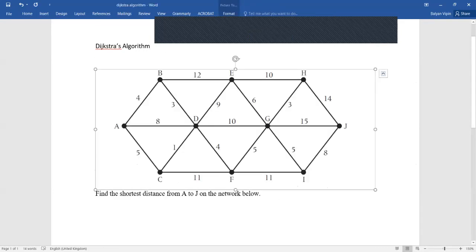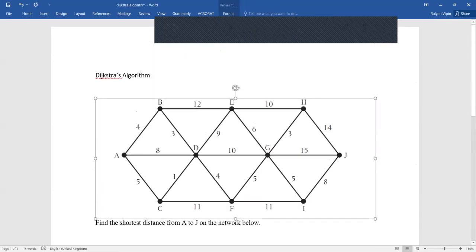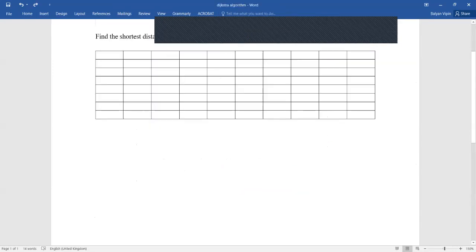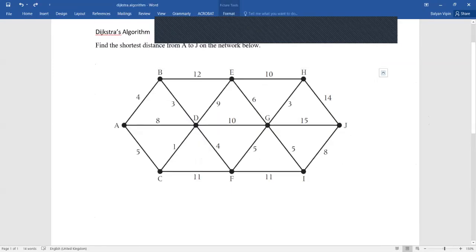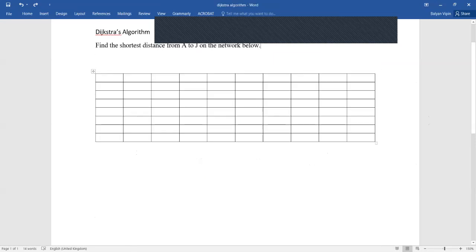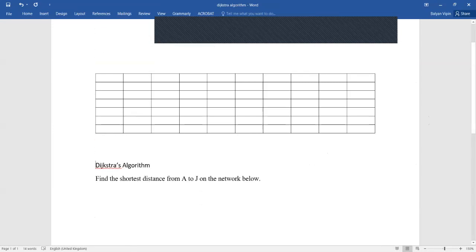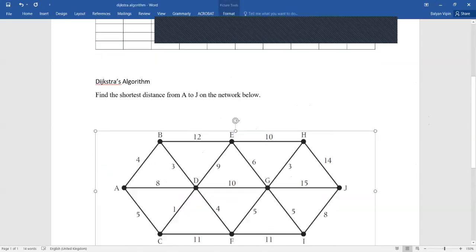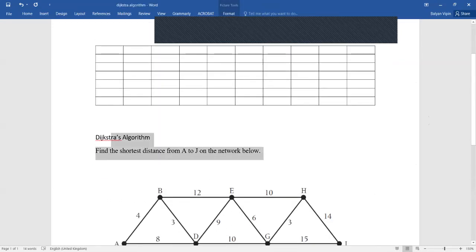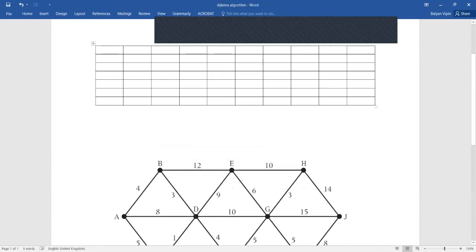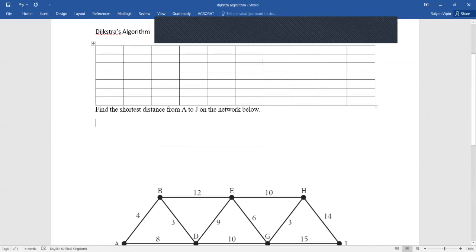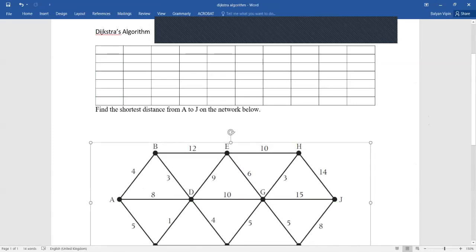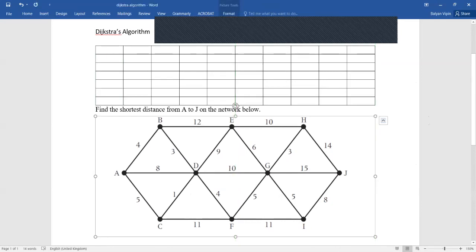Right here. So finally I managed to bring it here. Now suppose we have to find the shortest distance between A and J.